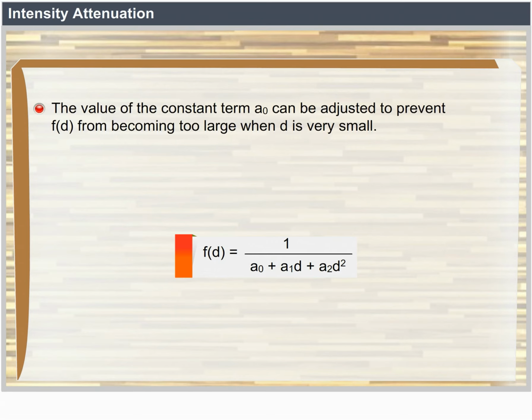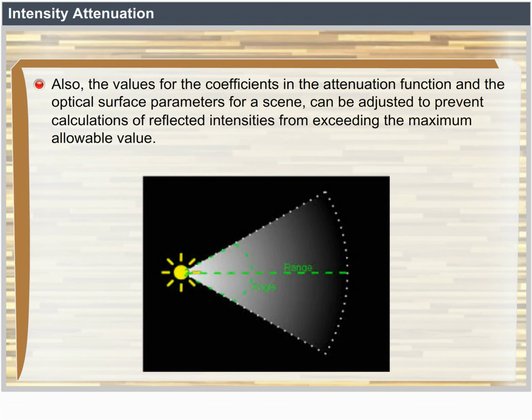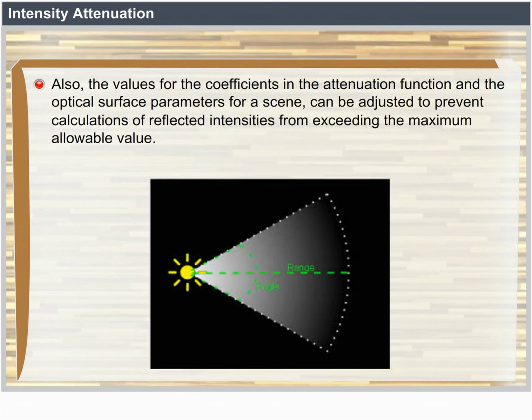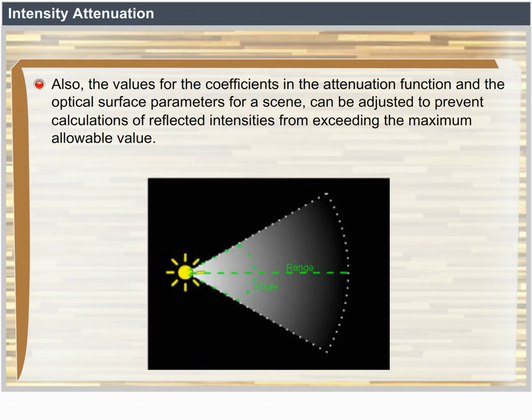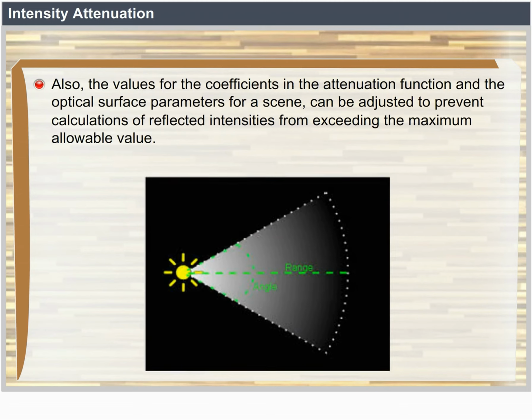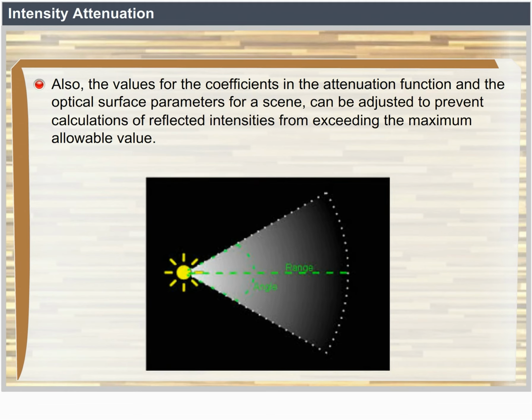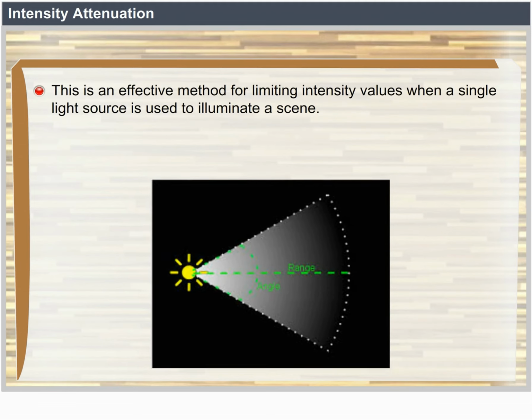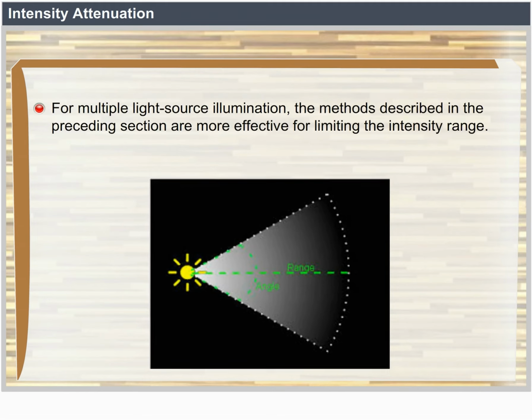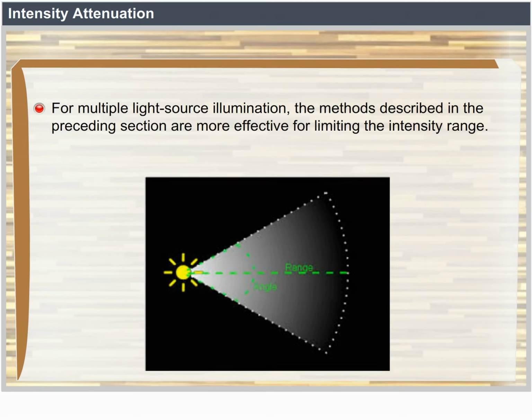Also, the values for the coefficients in the attenuation function and the optical surface parameters for a scene can be adjusted to prevent calculations of reflected intensities from exceeding the maximum allowable value. This is an effective method for limiting intensity values when a single light source is used to illuminate a scene. For multiple light source illumination, the methods described in the preceding section are more effective for limiting the intensity range.